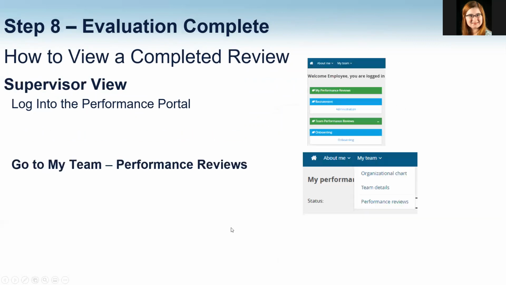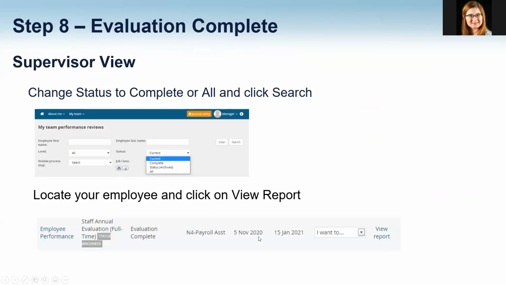If you're the supervisor, yours is going to look just a little bit different. So you'll again log in, but this time you're going to go to My Team. So you click on My Team, you will go to Performance Reviews down here. When you do that, your screen will look a lot different because you will have a lot more employees and people to look at.